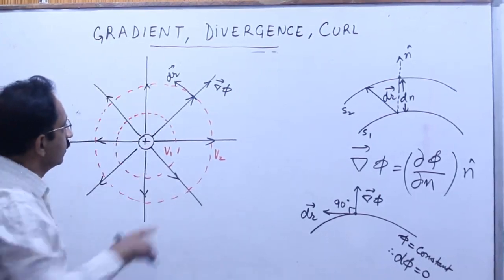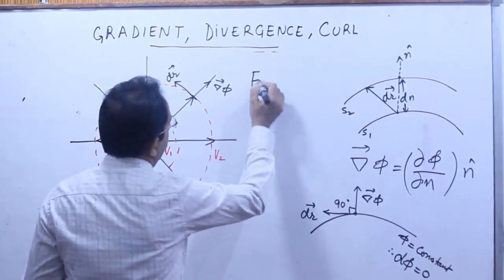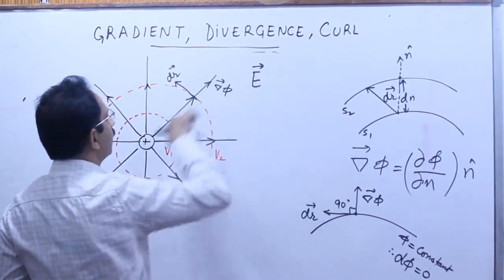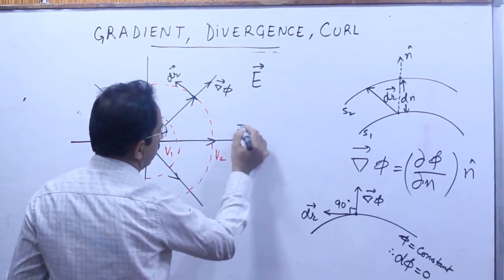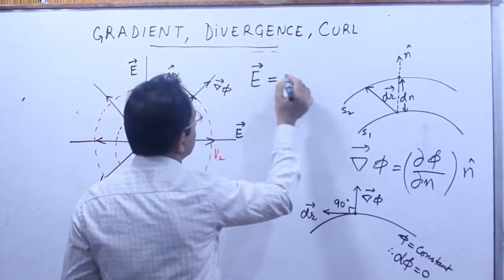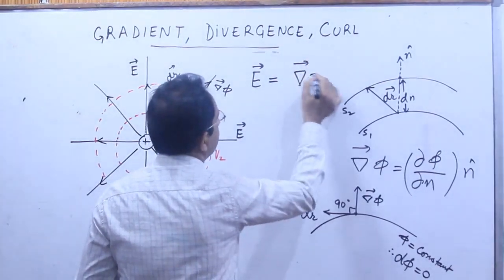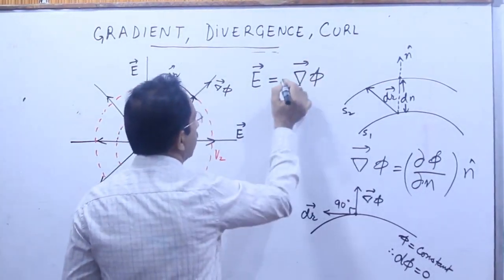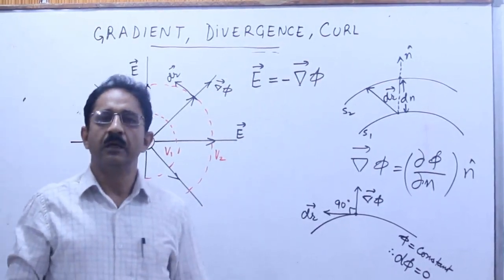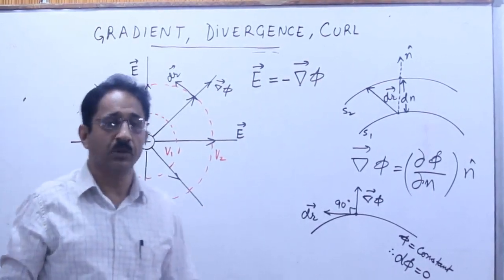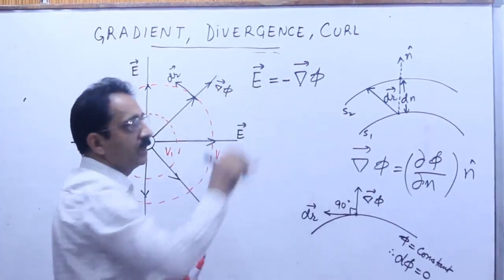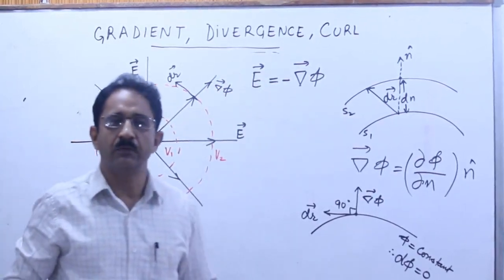You will also agree that the direction of electric field, which is outwards along these electric lines of force, has the same direction as that of del phi at a point, but we attach a negative sign with this relation, which means that the direction of decreasing potential is the direction of electric field at a given point.